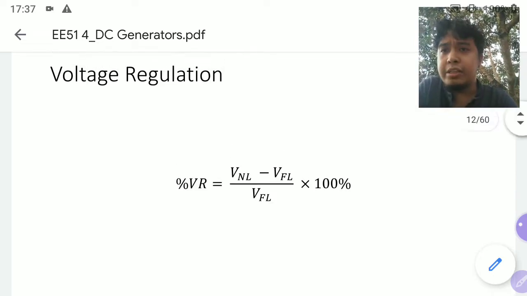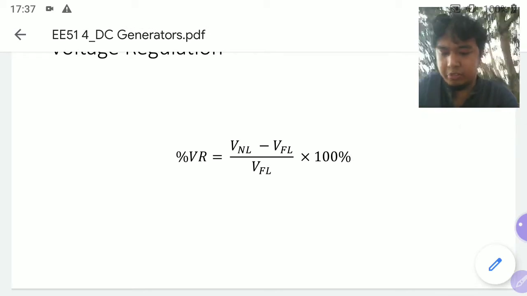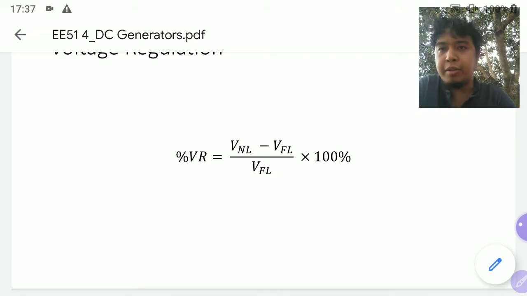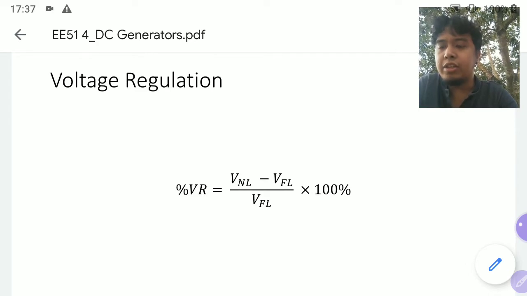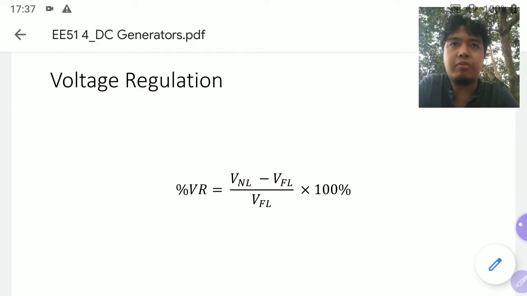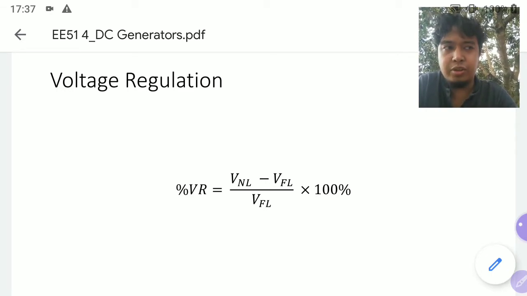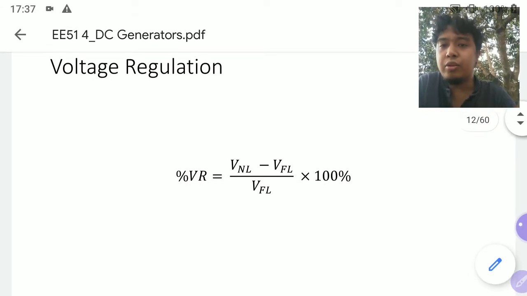Now let's talk about generators first. As I have said in my previous video about DC generators, the performance of your generator is measured through its voltage regulation, or its ability to regulate the voltage within a certain range, because your voltage level at the terminals varies depending on its loading.